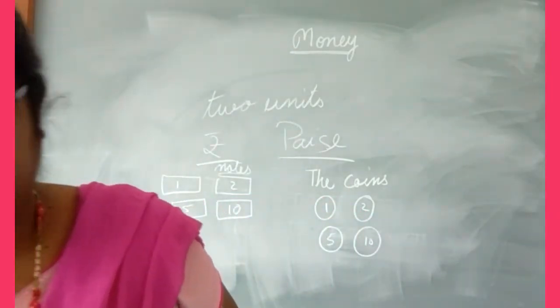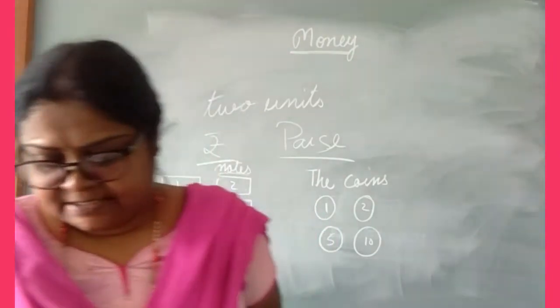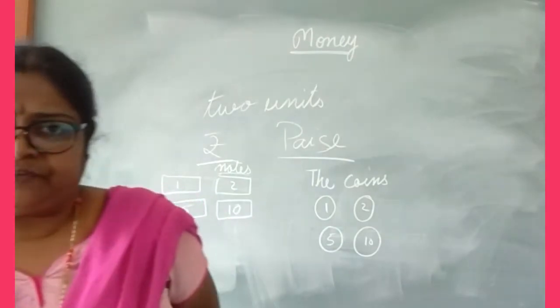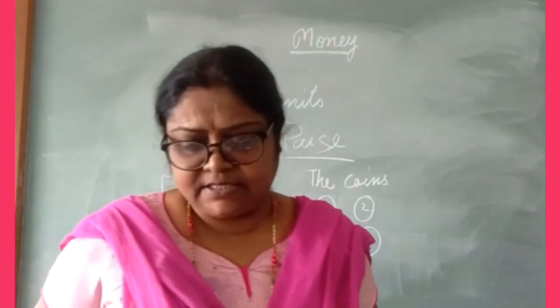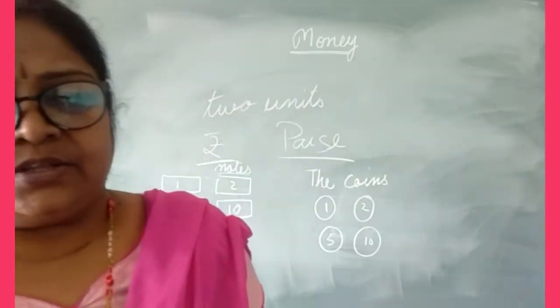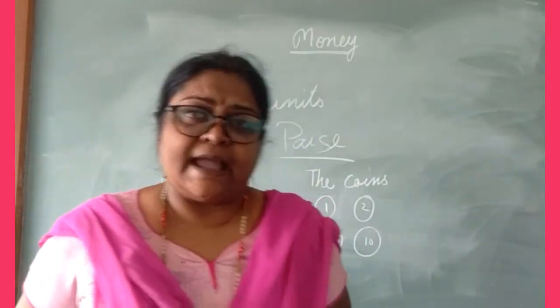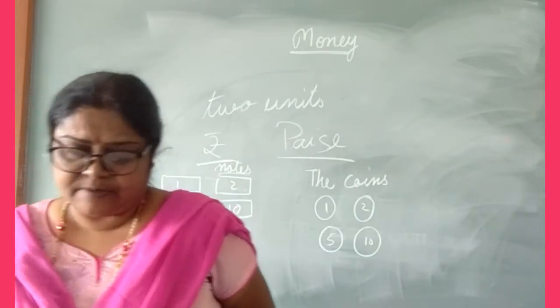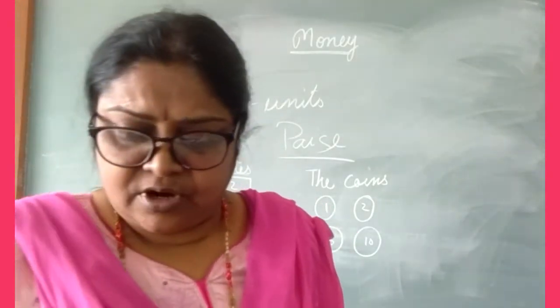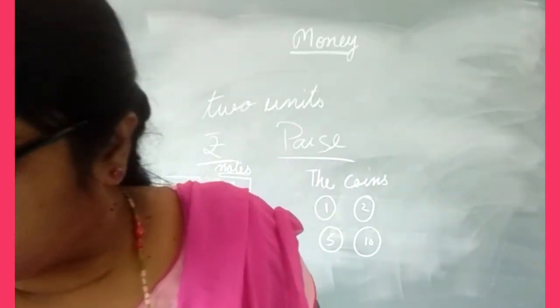So Ritu has two notes, one is 50 and one is 20. You can add 50 plus 20. What do you get? 70 rupees. So Ritu and Anil both can buy the bat. Understood? So this is the addition of money. Clear to you all?